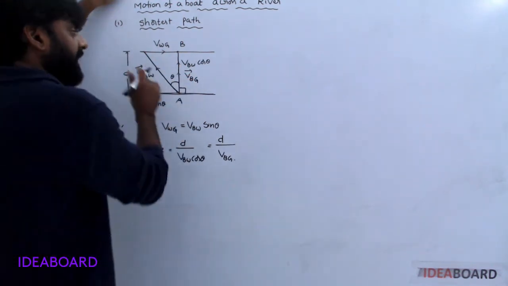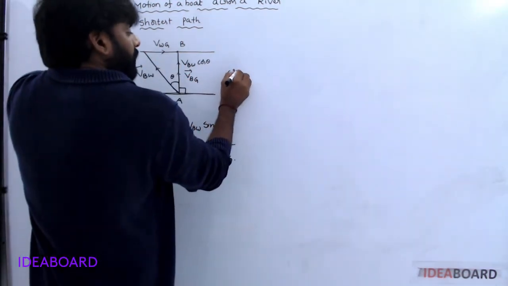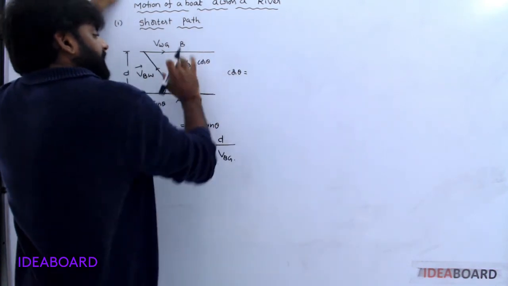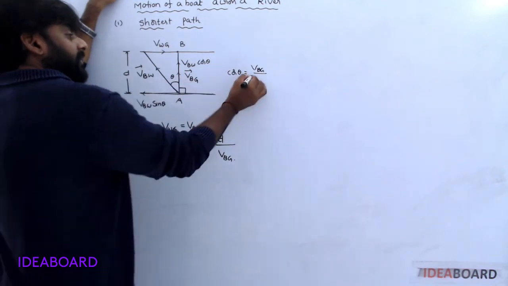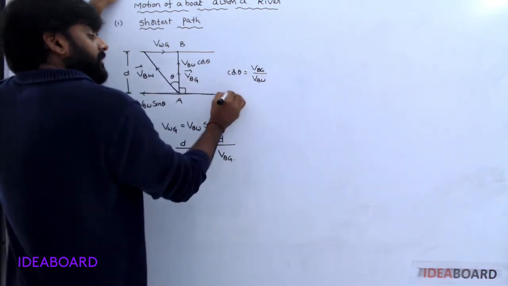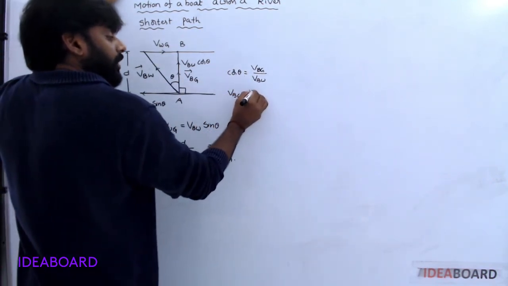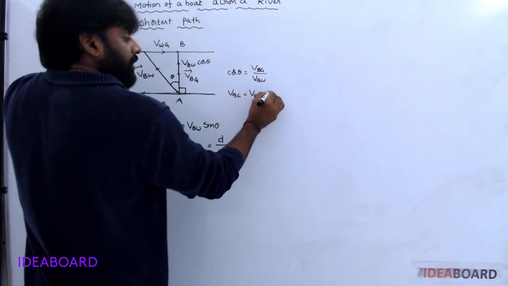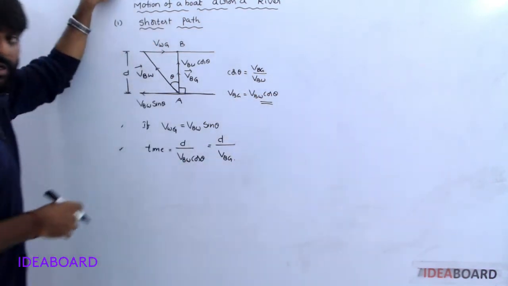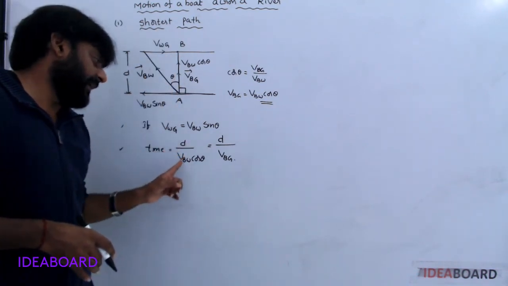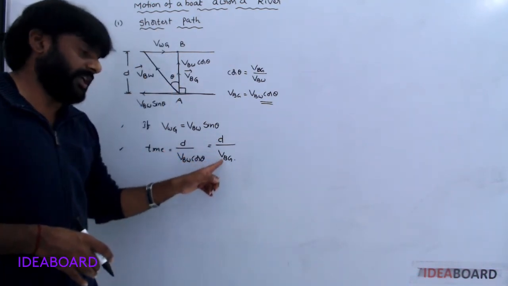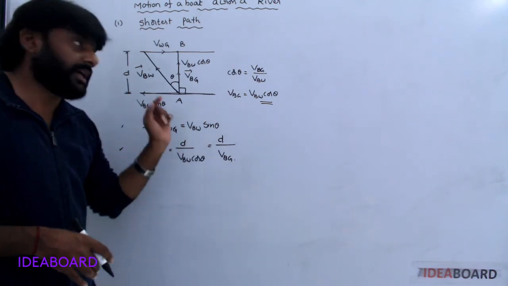If in case of any doubt, see here. From this one, what about cos theta? Cos theta is adjacent side, which is boat with respect to ground, by hypotenuse, which is boat with respect to water. So boat with respect to ground is equal to boat with respect to water into cos theta. Understood? So along this direction, time is d by boat with respect to water into cos theta.